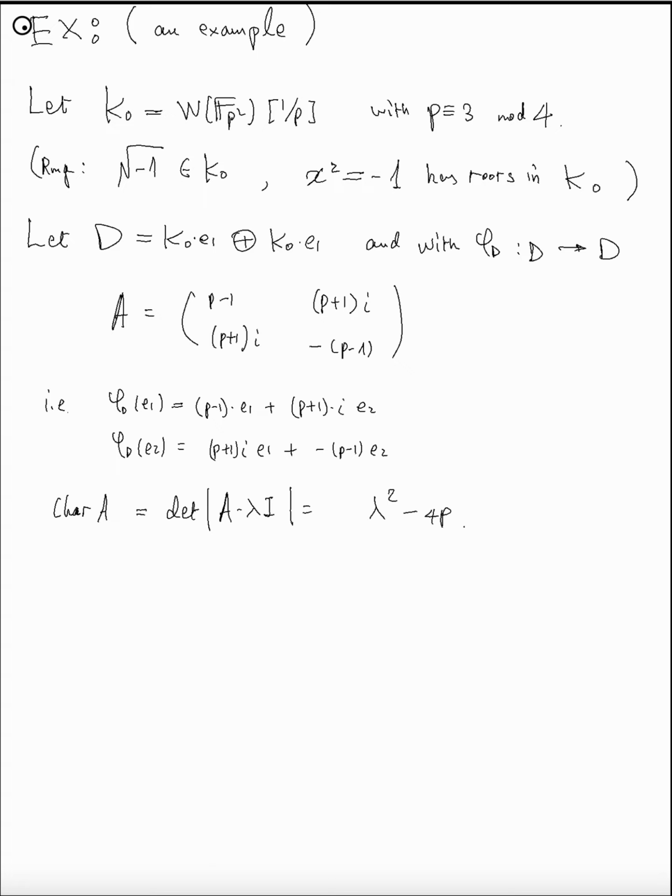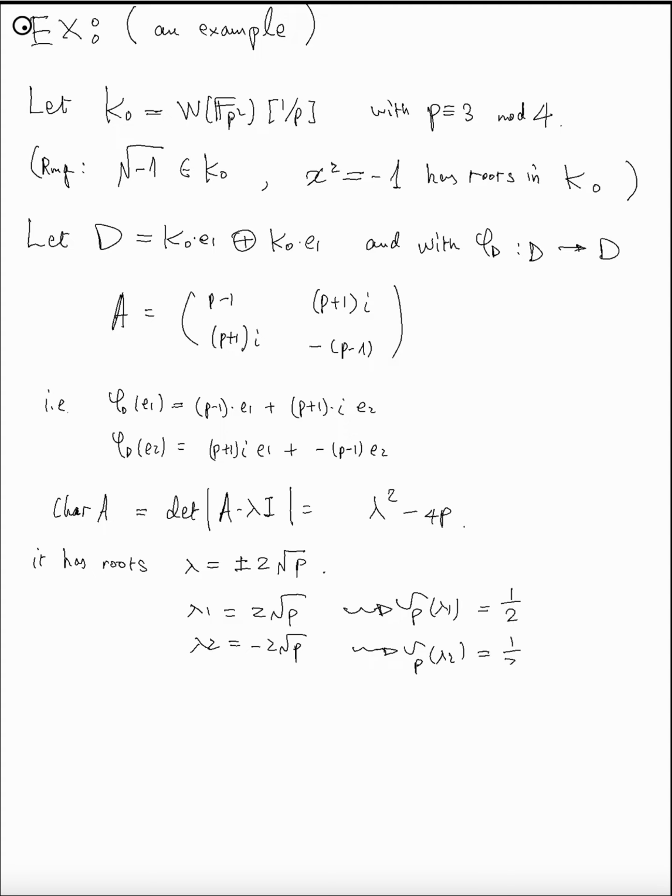And so this implies that it has roots lambda equals plus minus 2 square root of p. And so let's say lambda 1, lambda 2, and the p-adic evaluation of these two elements is 1/2 and 1/2.